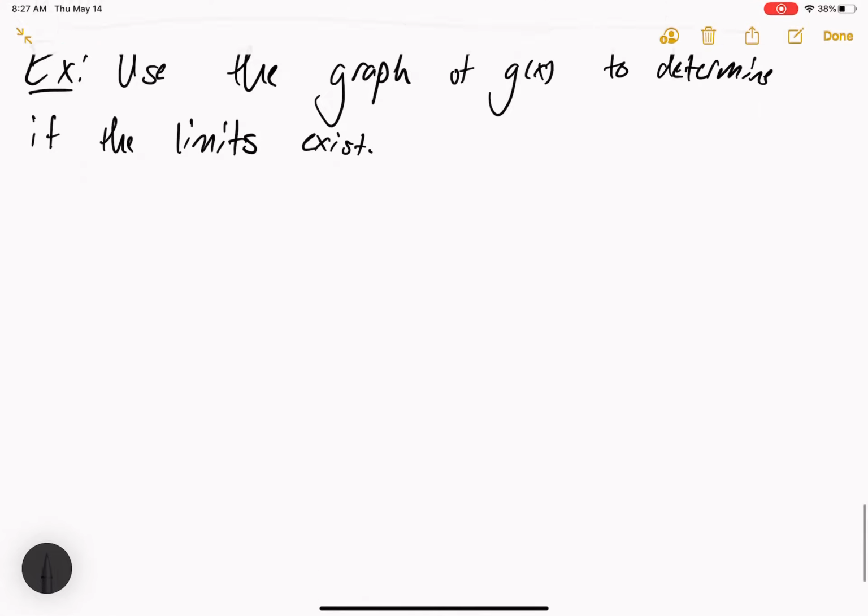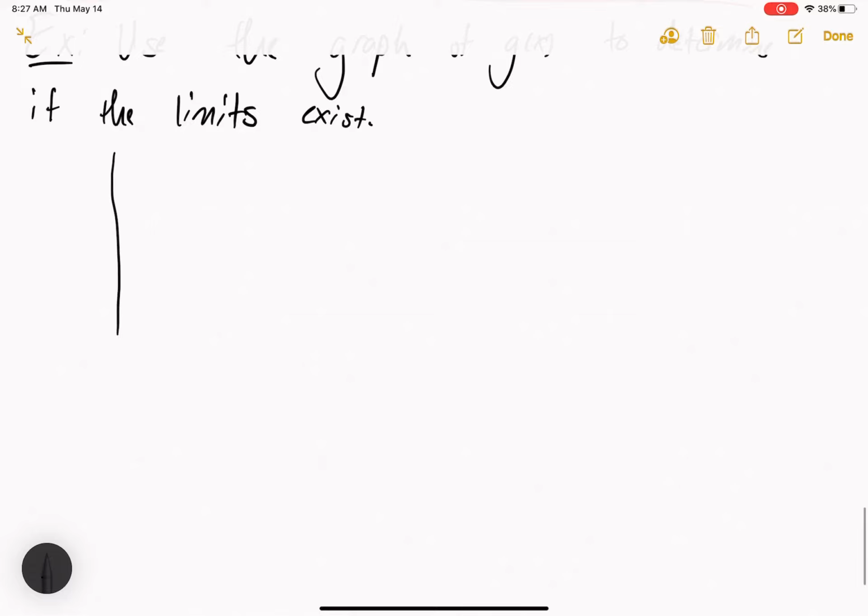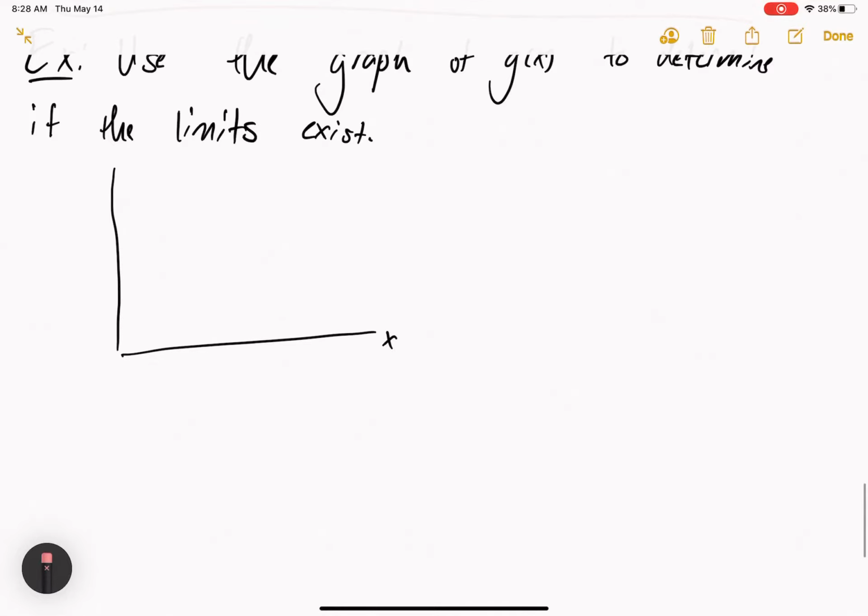What we're doing is we're going to find a graph of g of x. We're going to try to use that to determine if certain limits of g of x actually exist. So this will be x and y. And this will be 1, 2, 3. And this will be 1, 2, 3, 4, 5.